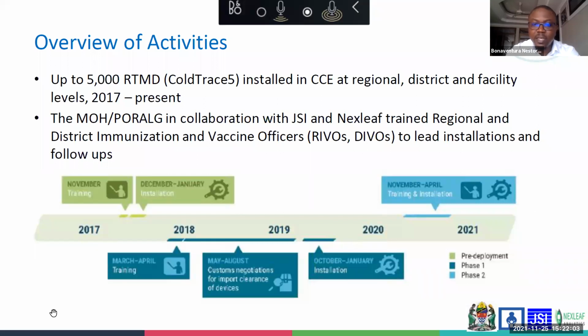And by the end of the year 2020, the installation process had covered many regions. By this moment, we are through with the training and installation of devices, and most of the devices are installed in the facilities.